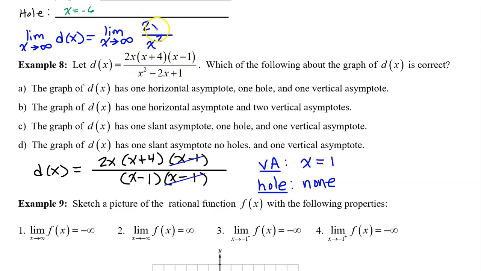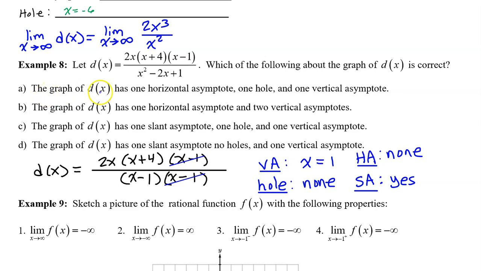That is 2x to the third power. We see that the degree of the numerator is greater, so there is no horizontal asymptote. Because the degree of the numerator is exactly 1 more than the denominator, there is a slant asymptote. We don't know exactly what it is, but we know it exists. This should be enough to answer the question.